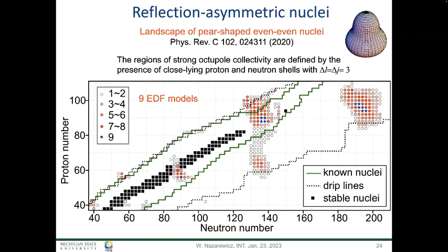For instance, if all 9 models which were employed here predict a nucleus to have octupole shape, this is marked by a star, okay? So you see that there are very few nuclei in the whole landscape, especially close to the stability line, which are expected to be octupole deformed.